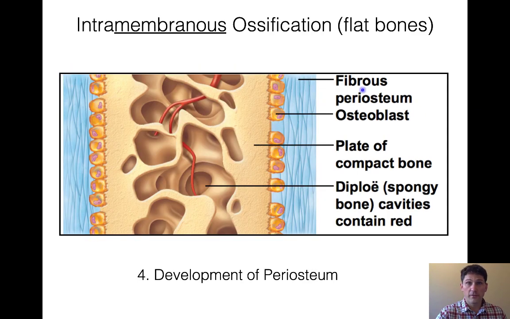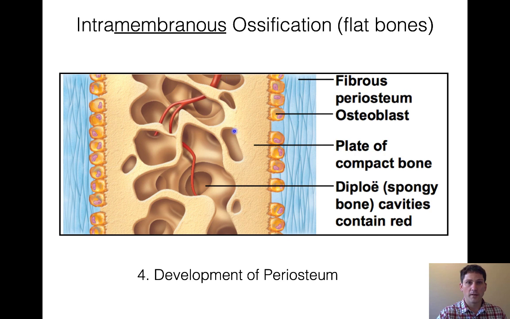Our last stage then is the development of that periosteum. So we can see that now our osteoblasts have laid down more bone, and they've formed this plate of compact bone over here. So our periosteum is lining the outsides of our bone.